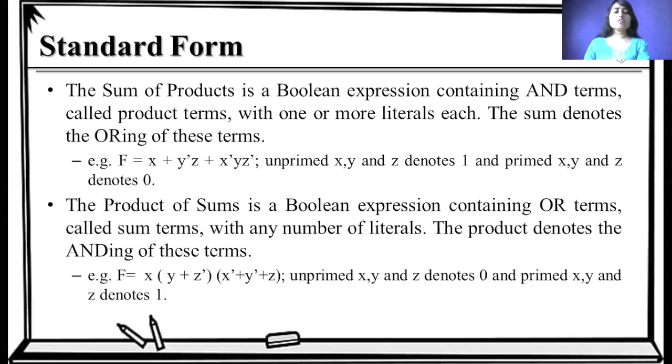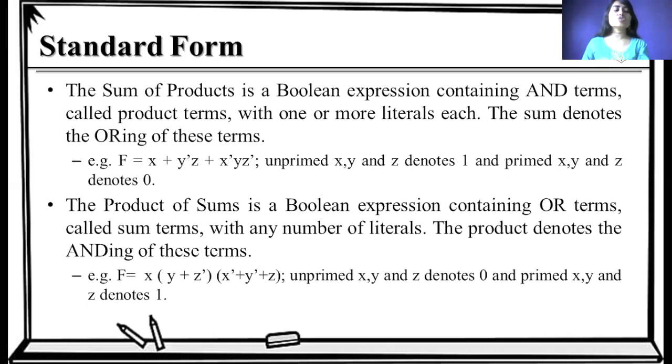The product of sums is a Boolean expression containing OR terms called sum terms with any number of literals, and the product denotes the ANDing of these terms. So how can we represent this as a product of sums? Let's take an example.